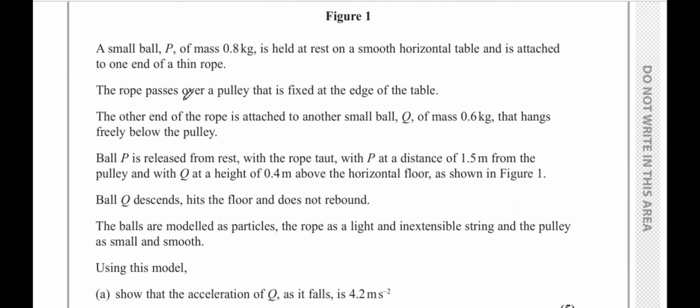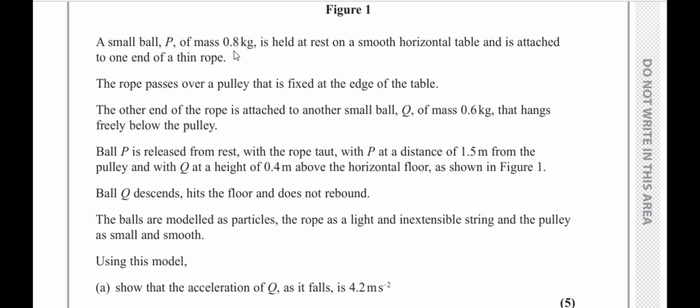Question 2. A small ball P of mass 0.8 kg is held at rest on a smooth horizontal table and is attached to one end of a thin rope. The rope passes over a pulley that is fixed at the edge of the table. The other end of the rope is attached to another small ball Q of mass 0.6 kg that hangs freely below the pulley.